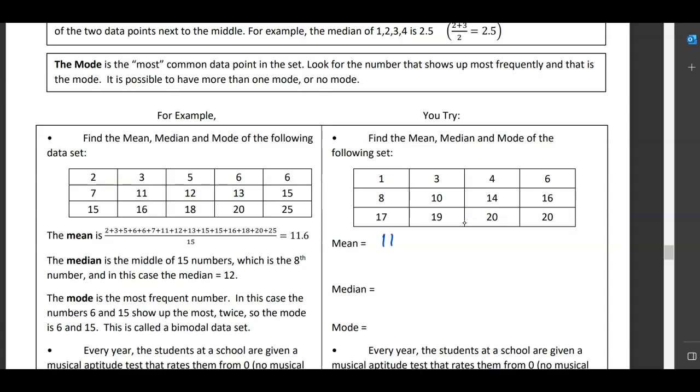The mean: you add them all up and divide by how many total there are. 1, 2, 3 times 4, 12. There's 12. And you work it out. This one is the one that takes the most math, so you might consider that that's mean, that they make you do all that work.